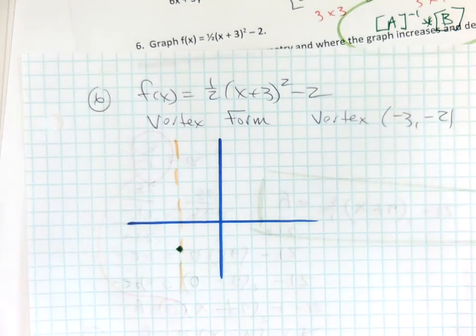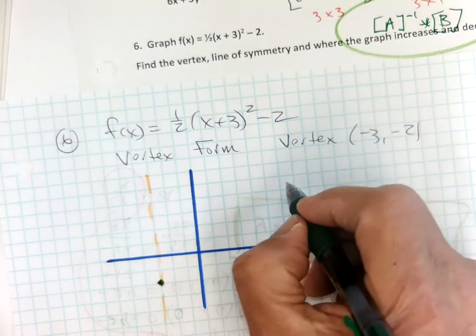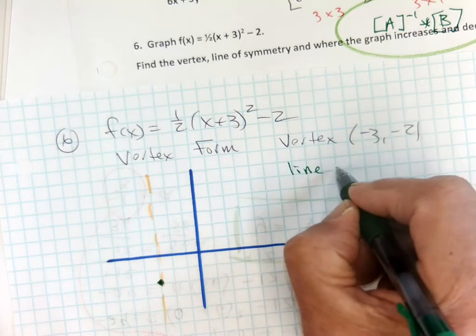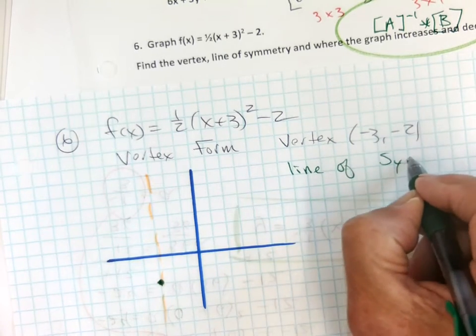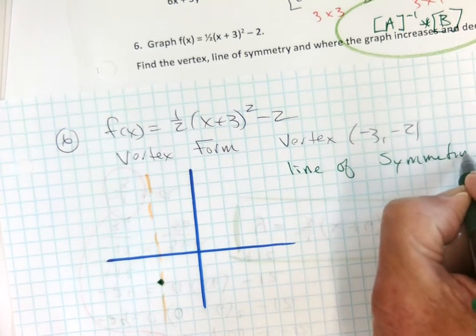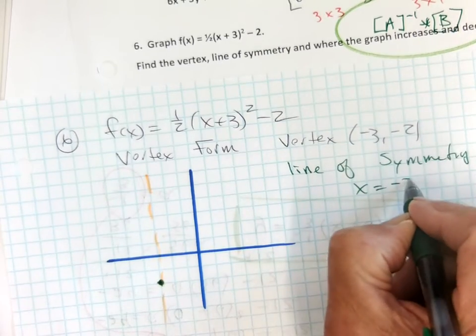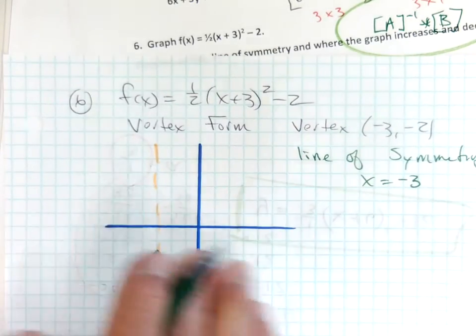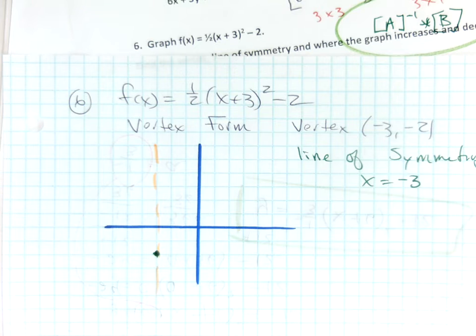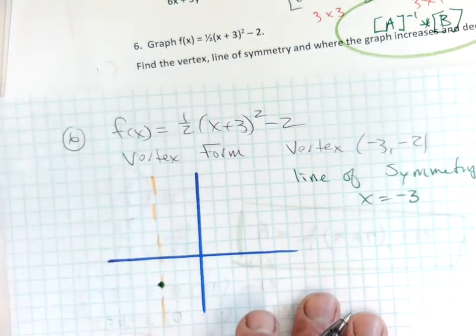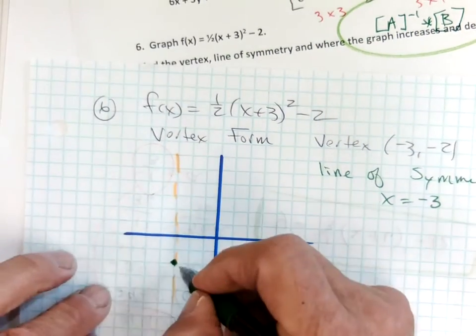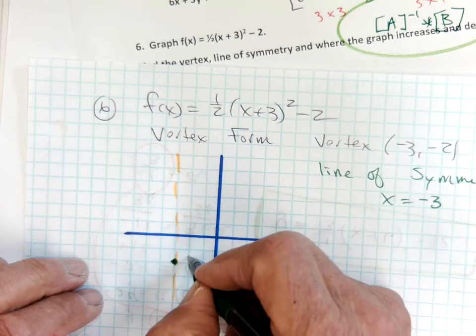My line of symmetry is x equals -3, right? Because it's got to go right through it. The vertex is in the middle. Line of symmetry goes right through, okay? And now, if I graph it in, it's going to look something like this.